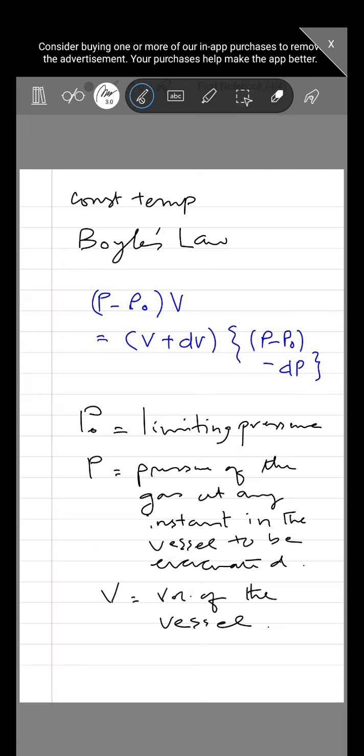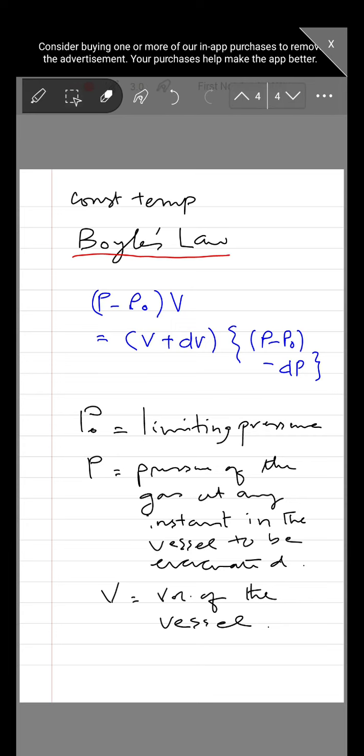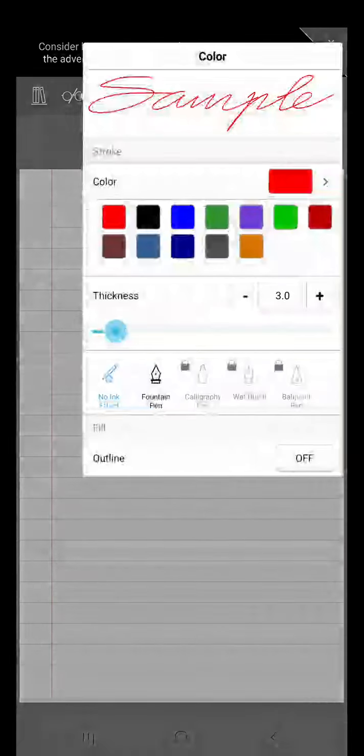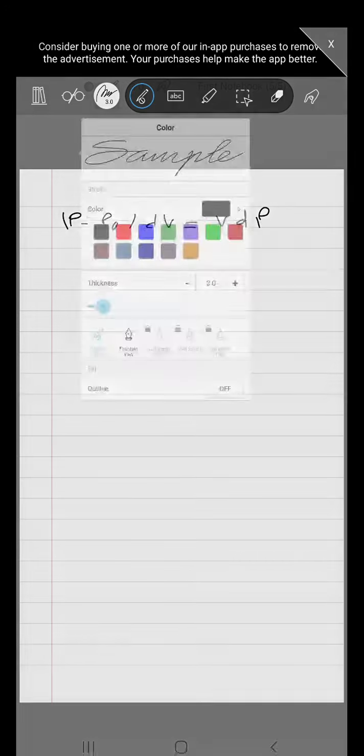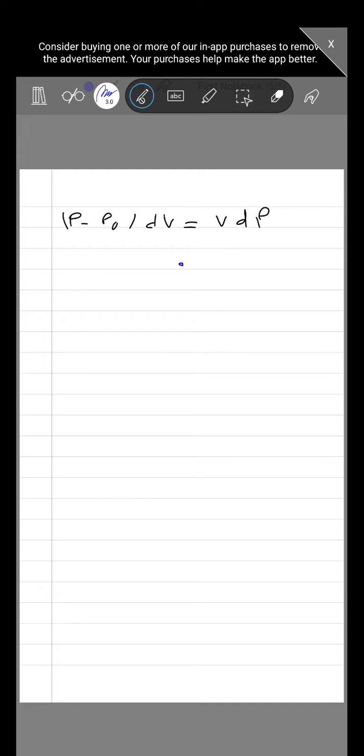Now this Boyle's law equation can be written in a different form as (P minus P0) into dV is equal to V dP. We are neglecting the product dP dV, the change in pressure into the change in volume, because it is very small.